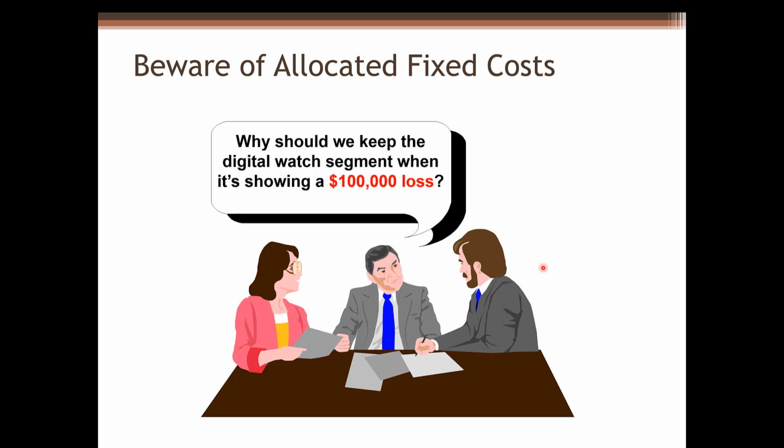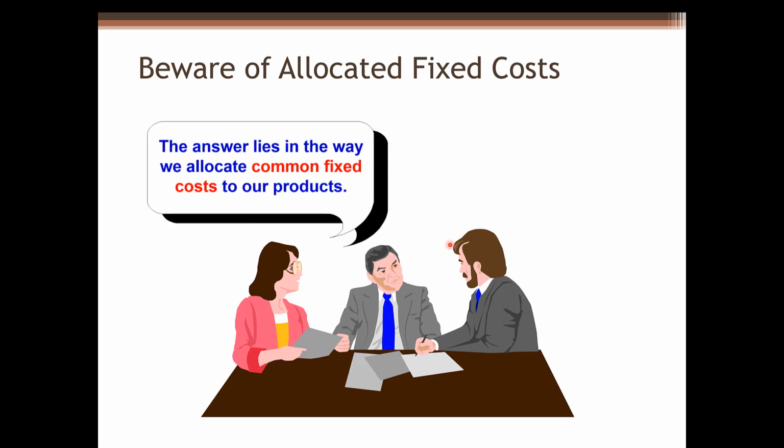To make the decision, we need to be aware of allocated fixed costs. Lovewell's allocated fixed costs can distort the keep or drop decision. One of the managers may ask, why should we keep the digital watch segment when it's showing a $100,000 loss?